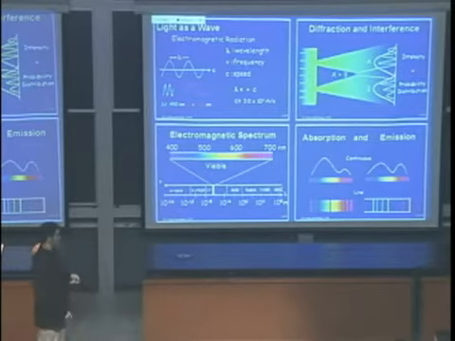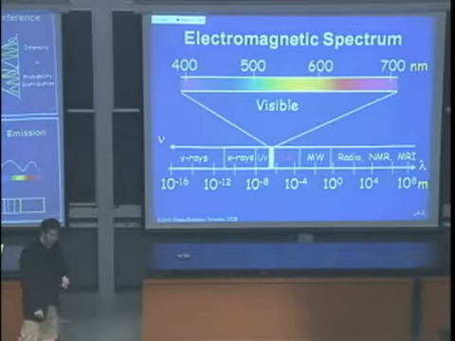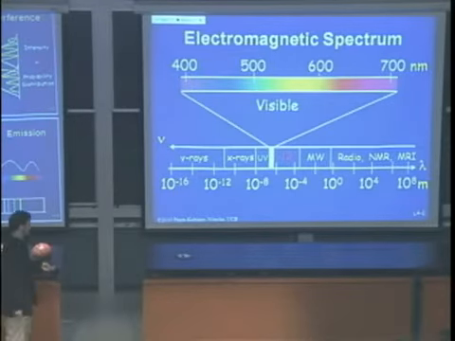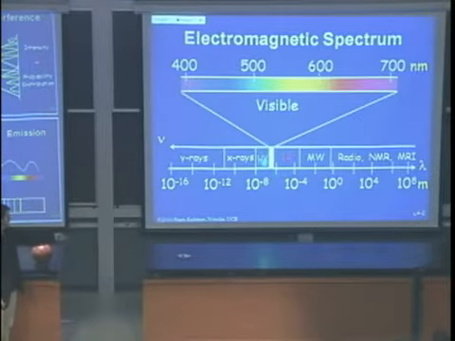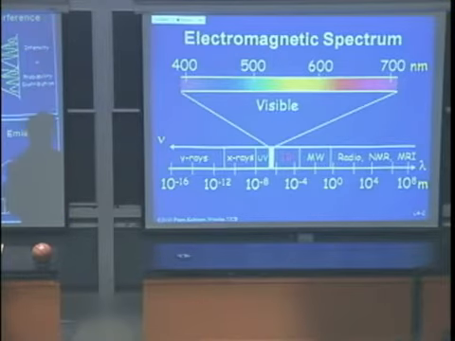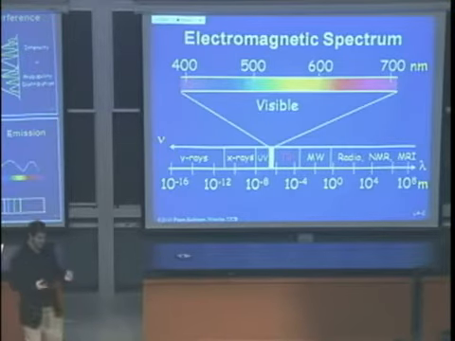So as we showed these wave properties of light, we also talked about the electromagnetic spectrum. So we have this whole range of different types of light, of which all we can see in our visible range is this little chunk right here from 400 to 700 nanometers, which we call the visible because that's what we can see.